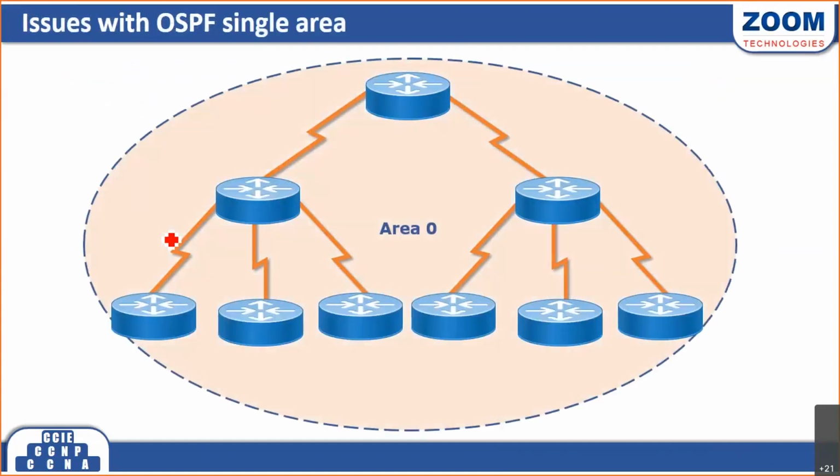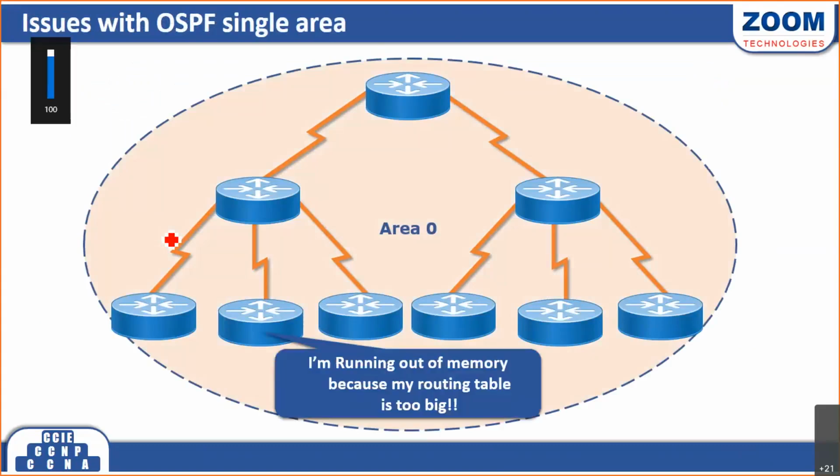These all routers come under one area. Branch routers say, I'm running out of memory because my routing table is too big.